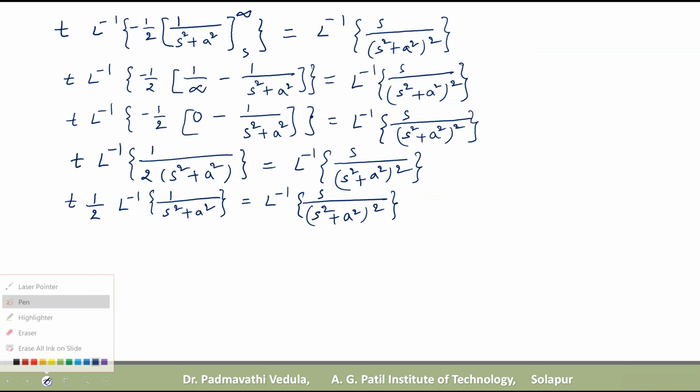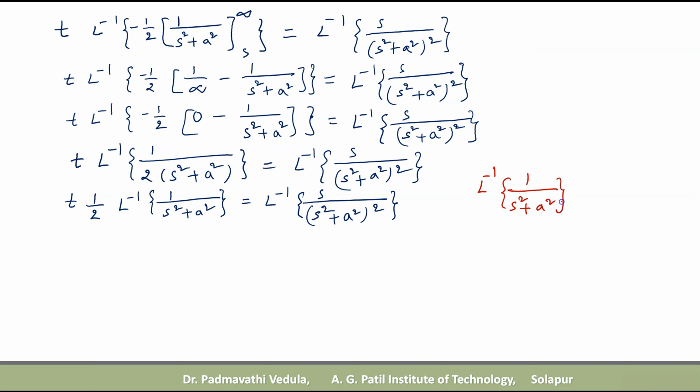Now L inverse of 1 by s square plus a square equal to 1 by a sin at.